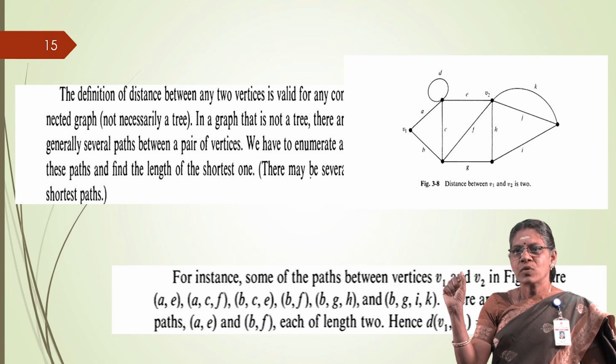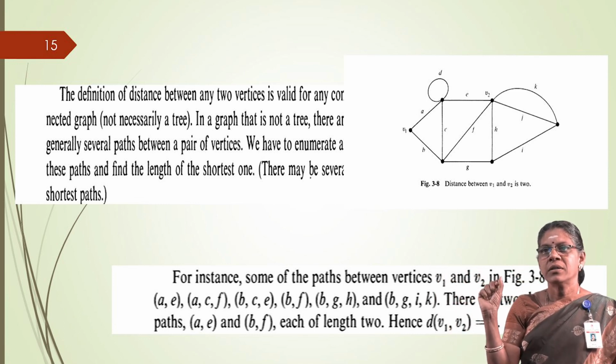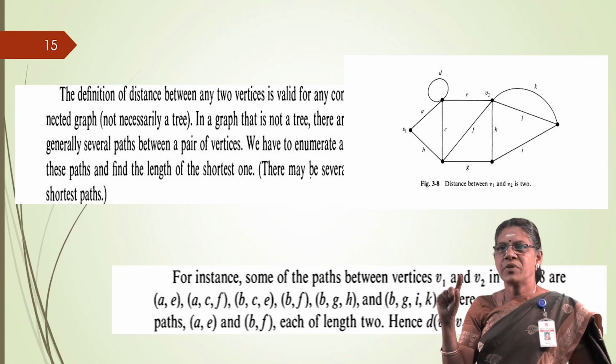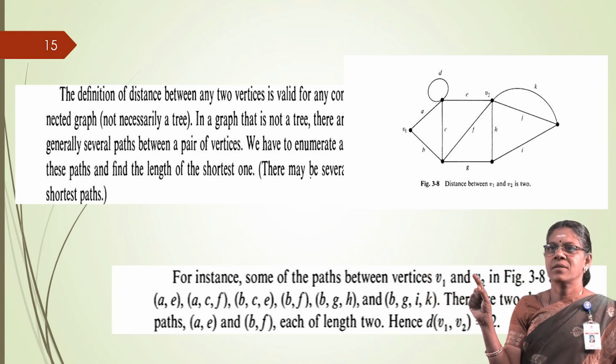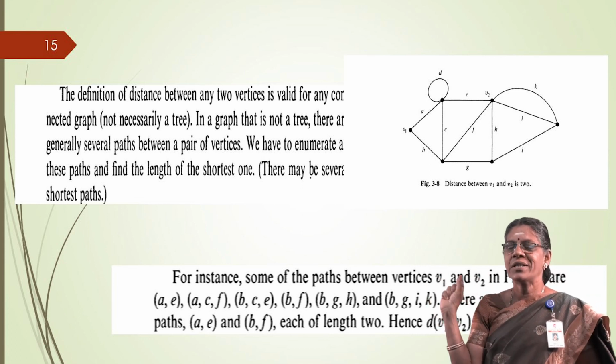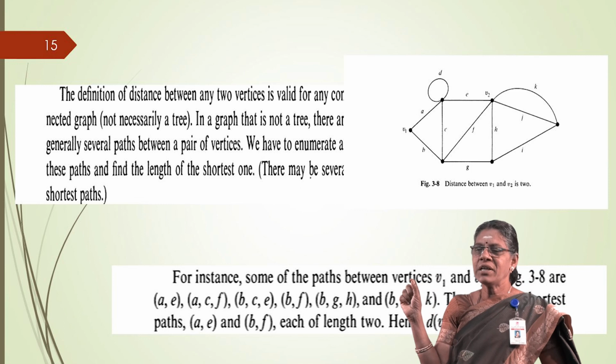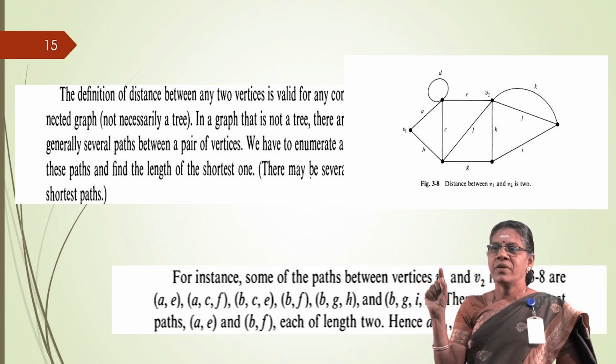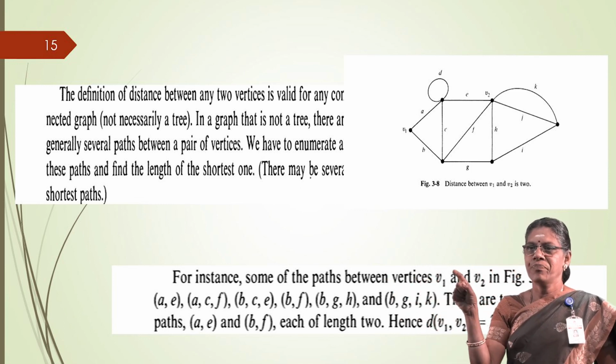Using another graph, we have discussed the distance of V1, V2. It is clear that the definition of distance between two vertices is valid for any connected graph, not only a tree, even a connected graph with circuits or loops.